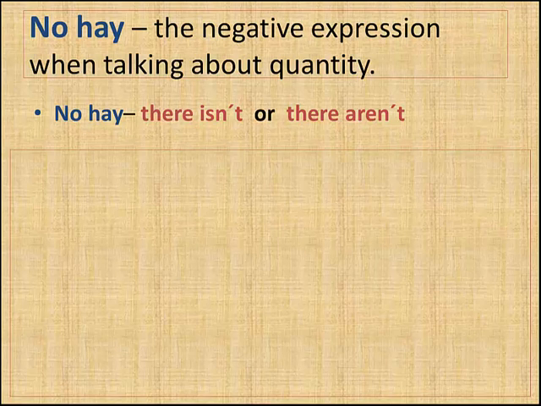In English, this means there isn't or there aren't. So now we're just going from the positive expression of hay, there is or there are, to the negative expression of hay, no hay. There isn't or there aren't. Again, we use one expression in Spanish to the equivalent of 2 in English for singular versus plural. So let's look at some ejemplos.